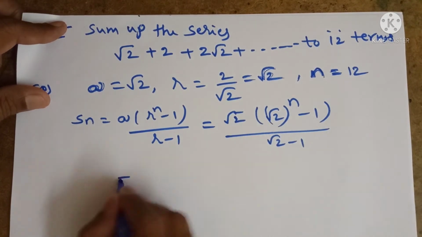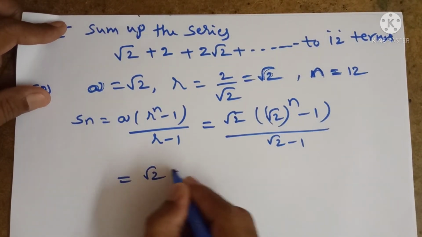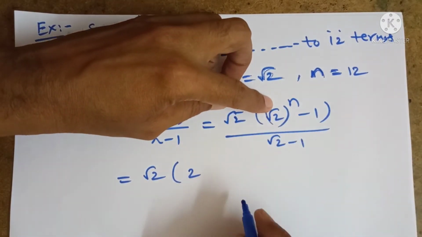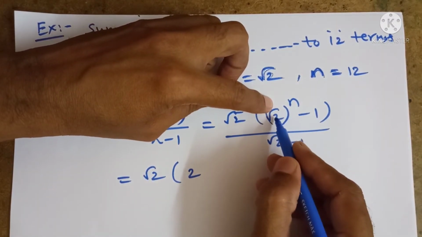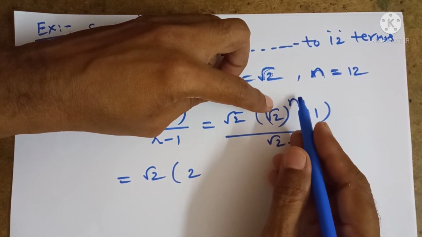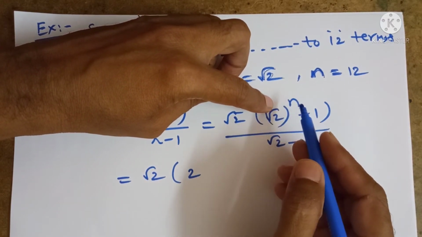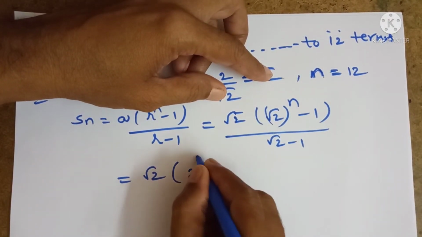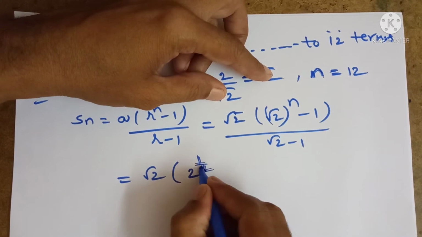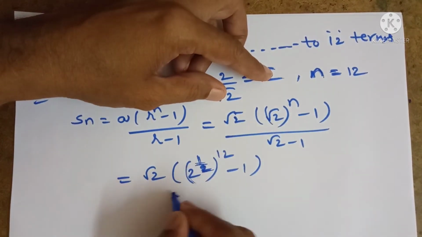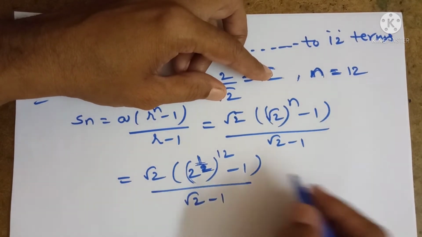This is equal to root 2 into, root 2 can be written as 2 power 1 by 2, so 2 power 1 by 2 whole power n. Actually n is how much? Yes, this is 1 by 2 whole power 12, minus 1, by root 2 minus 1.